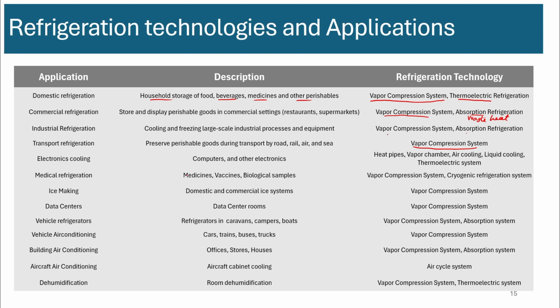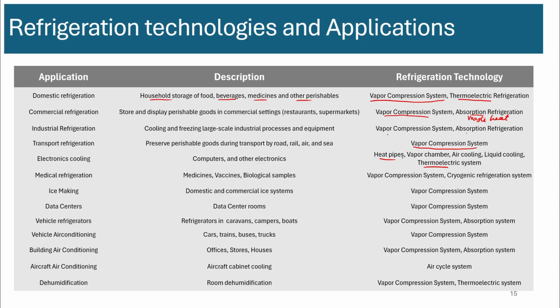Electronics cooling. Primarily you would have seen a lot of heat pipes and a little bit of thermoelectrics inside systems. More than energy consumption, the concern here is the size of the system. You want a really small footprint, a small system that can fit inside your electronic devices.